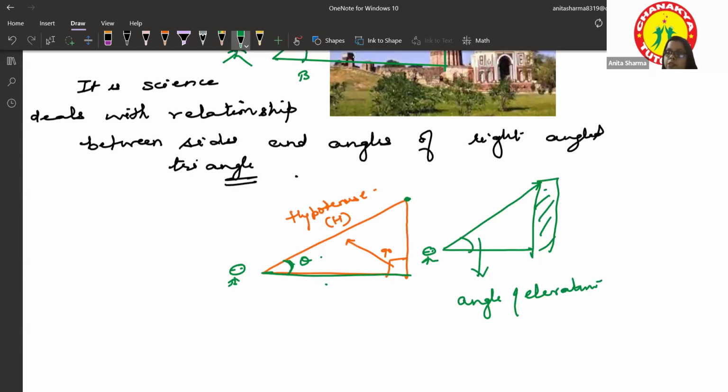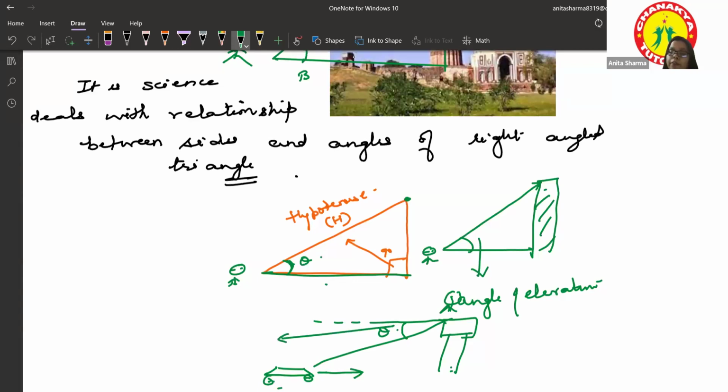And suppose you are standing on the top of the tower and watching a car approaching the foot of the tower. The angle made by you with the line of sight is called the angle of depression.